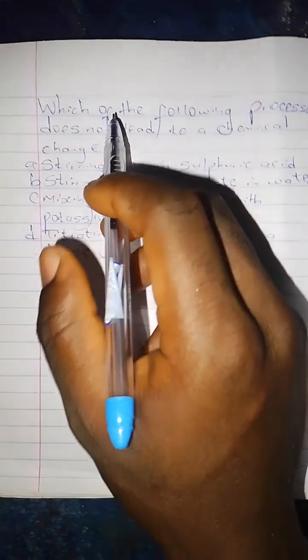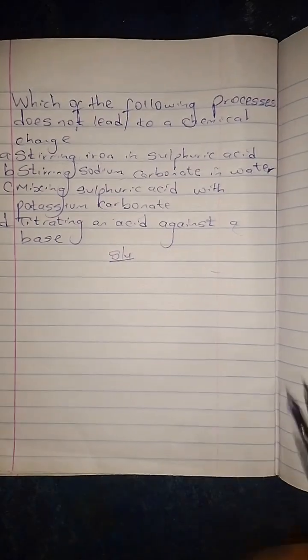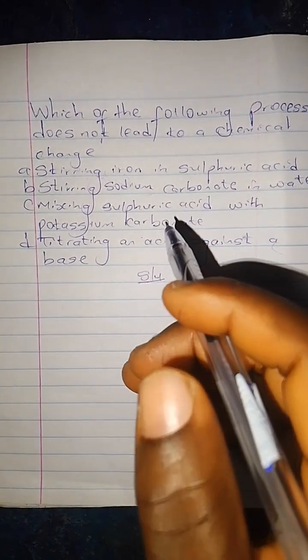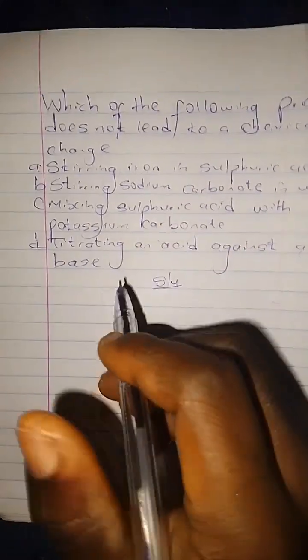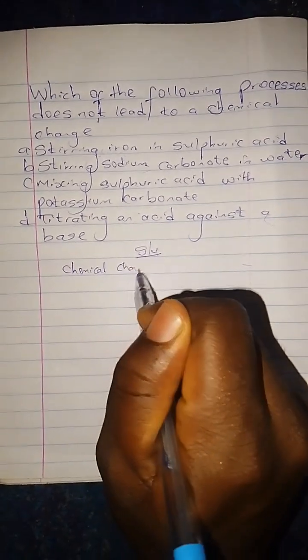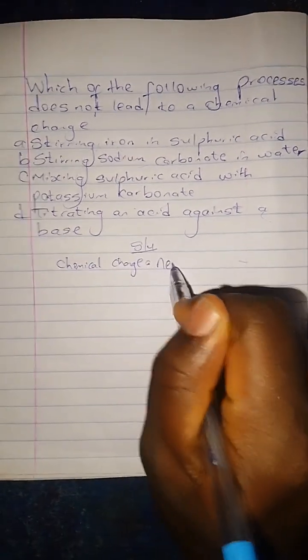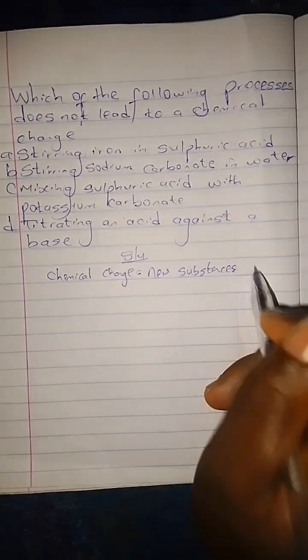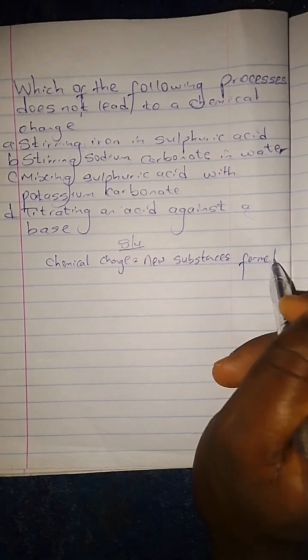Let's quickly solve. The question says, which of the following processes does not lead to a chemical change? This question is indirectly asking us which leads to a physical change. Now, a chemical change equals new substances formed. Take note, new substances formed.